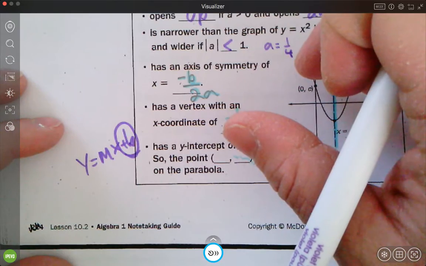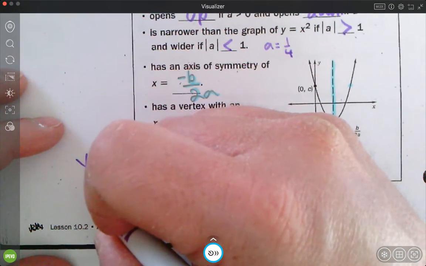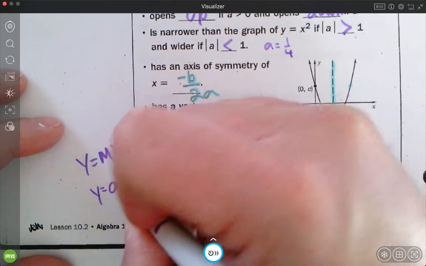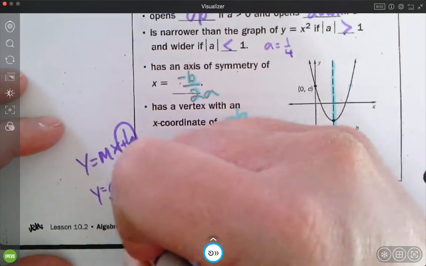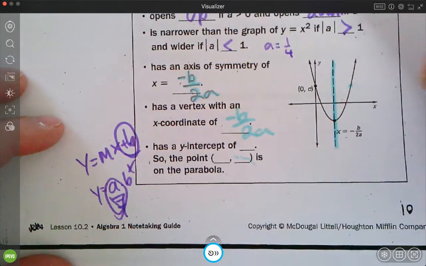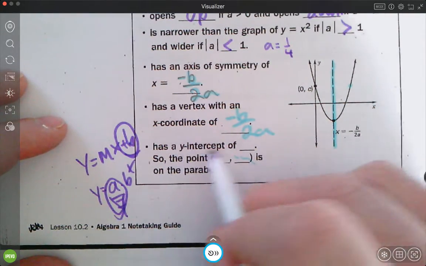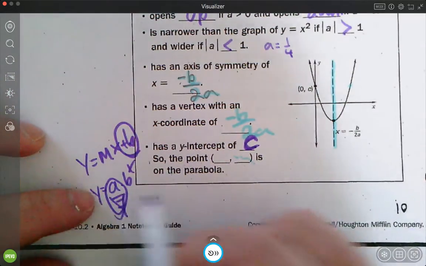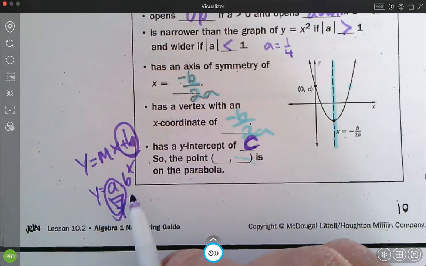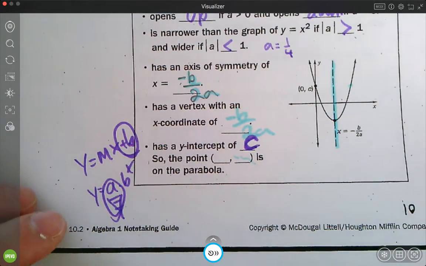I think it was y equals a times b to the x, and a was your y-intercept, I believe. Well, now we're even doing it one step further. So in quadratics, the y-intercept is your c value now. So we've had a y-intercept of b, and now c. It sounds like alphabet soup.